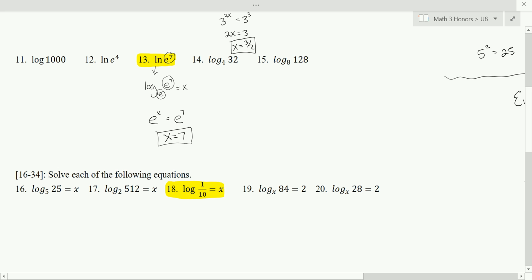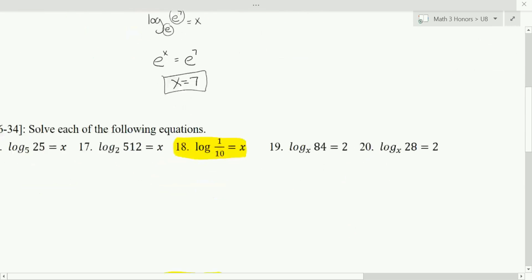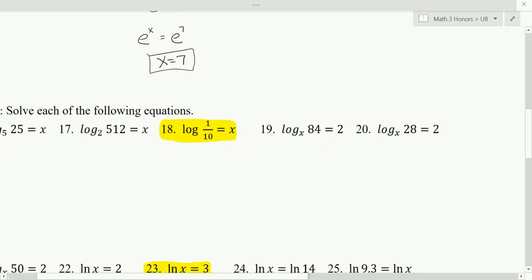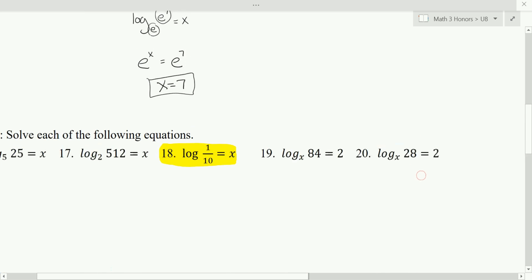Next one we're looking at is 18. On 18, what's the base? It's missing. Okay, so we have the argument, which is 1 over 10. We know this is going to be our power, but the base, not sure.